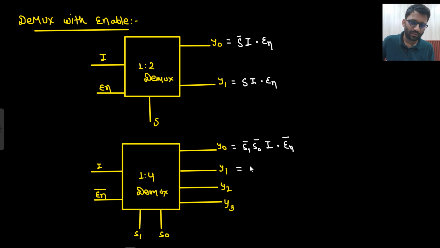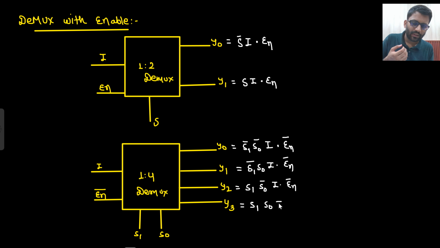If S1 is not there but S0 is there, then information will be transferred. If S1 is there, S0 not there, information will be transferred. If S1, S0 both there, then information will be transferred. Okay.